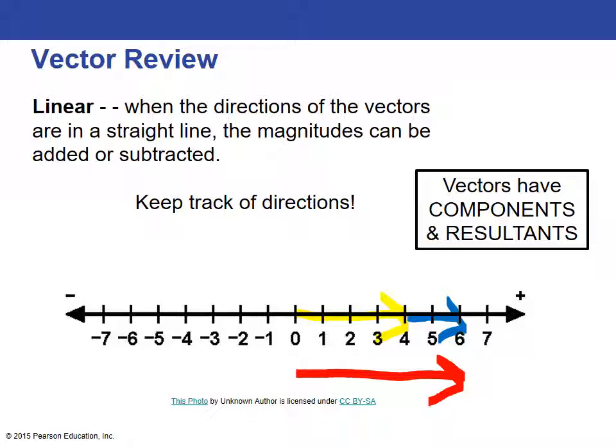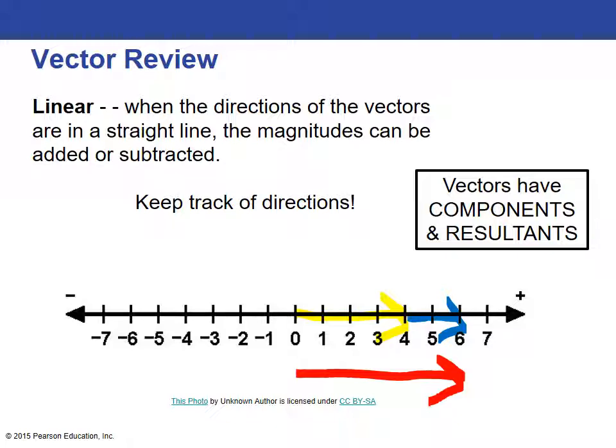When I talk about this, since my 2 components were to the right, my resultant is to the right. It could be up, it could be down. You need to keep track of the directions when you're solving the problem and be consistent with what the problem has asked for. But you set your own direction. All right, so this is when we've got 2 vectors in a straight line going in the same direction.